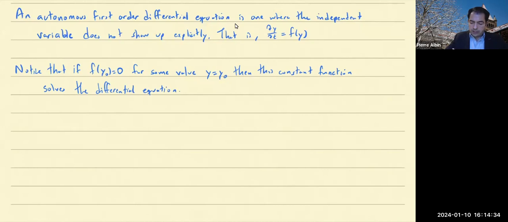Right? Clearly, since the left-hand side would be 0 because the function is constant, and the right-hand side is 0 by assumption.